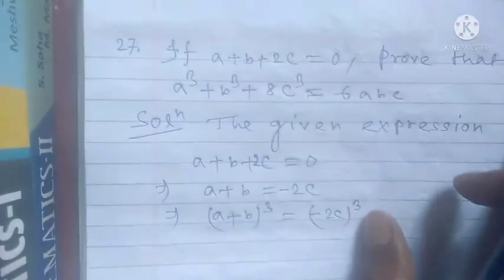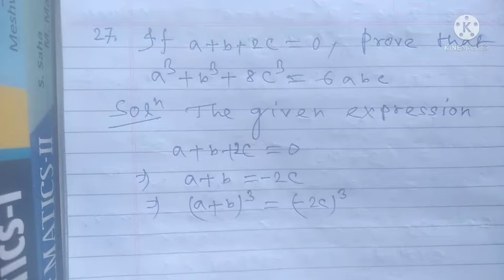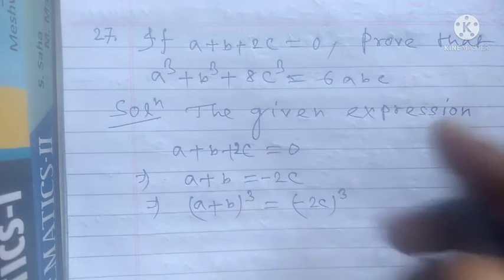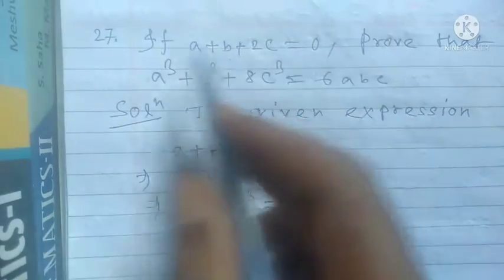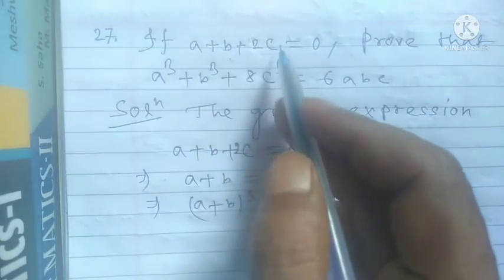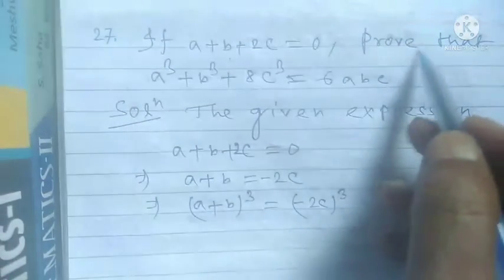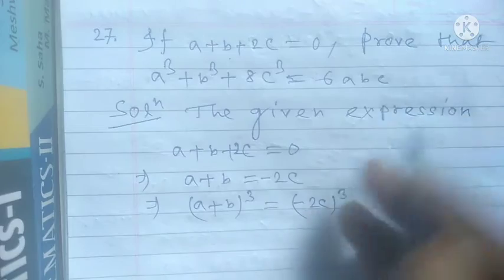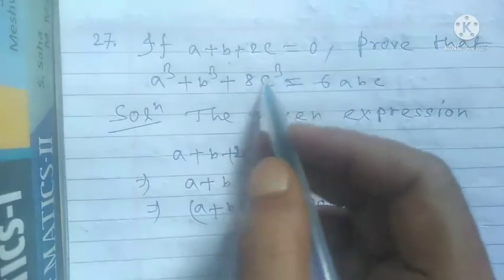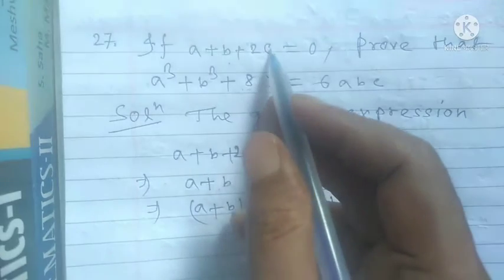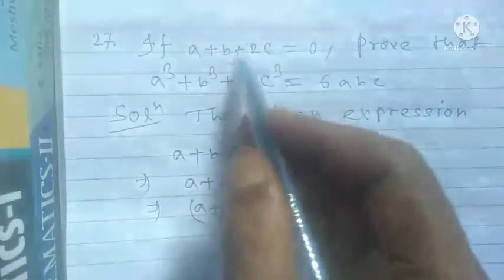So question number 27. Question number 27 is also a very important question in this chapter and in this exercise also. Here: if a plus b plus 2c is equal to 0, prove this. When you solve this type of question, you have to write the given expression, and after that you have to prove this from this expression by using this expression.